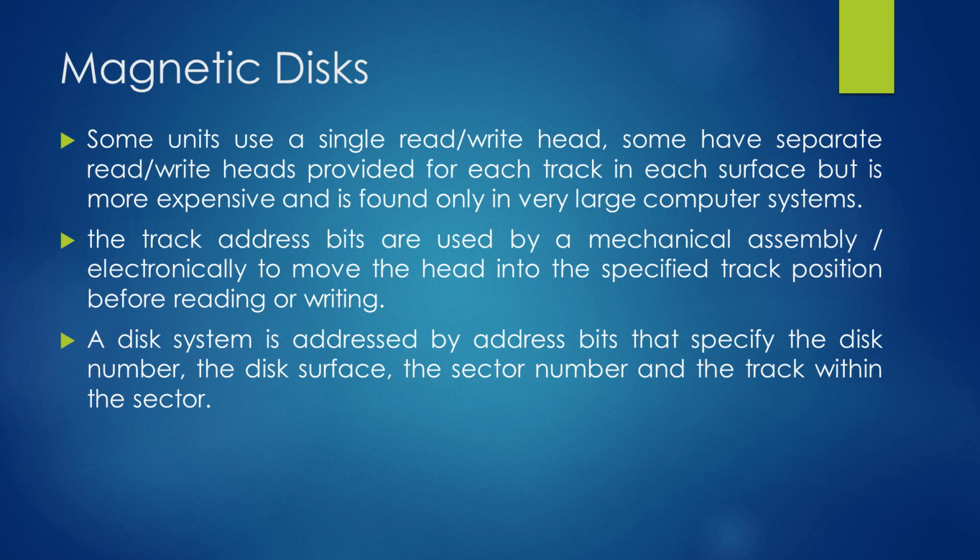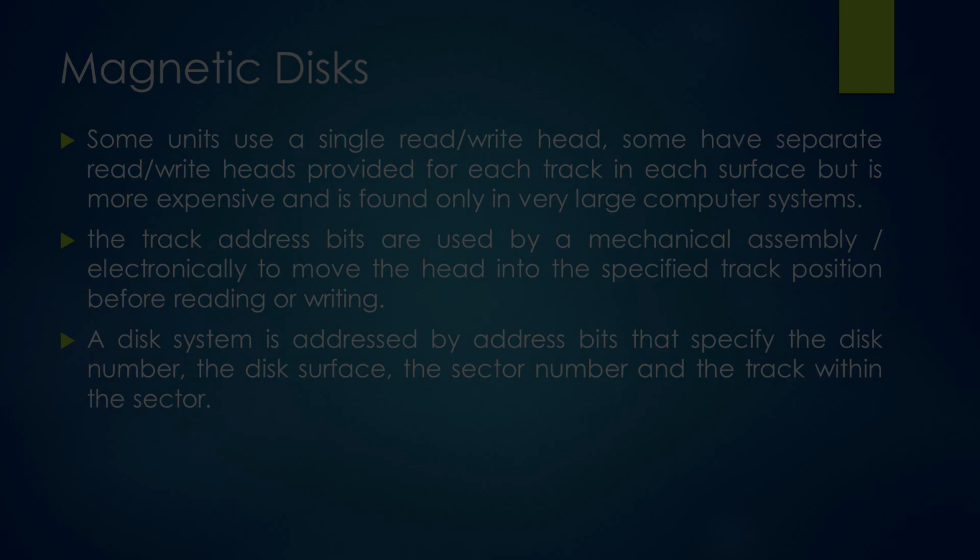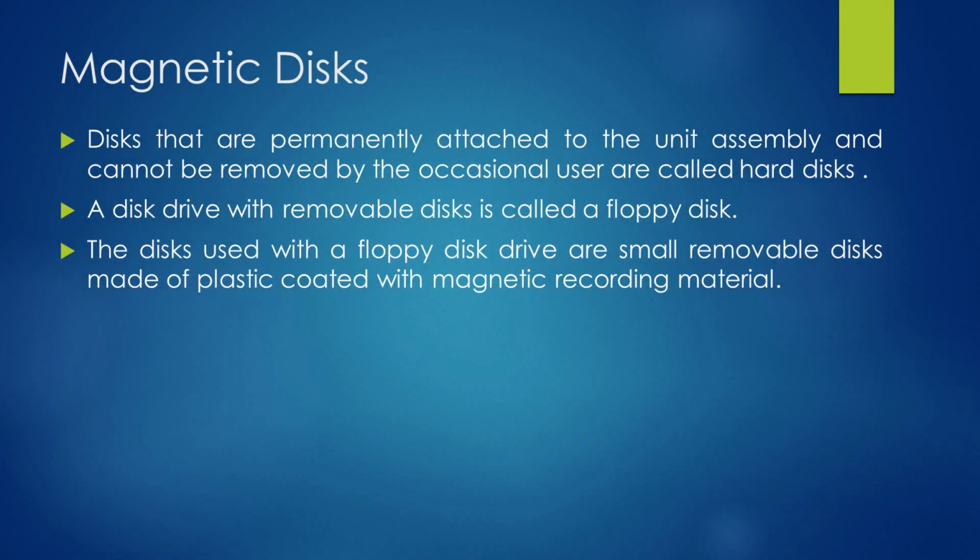Now in the starting I told you that magnetic disk and magnetic tapes are two kinds of auxiliary memory. Now in magnetic disk also we have parts. You might be familiar, but you might not have seen, because floppy disks are not much used nowadays. Floppy disks are also a kind of magnetic disk which is not permanently attached.